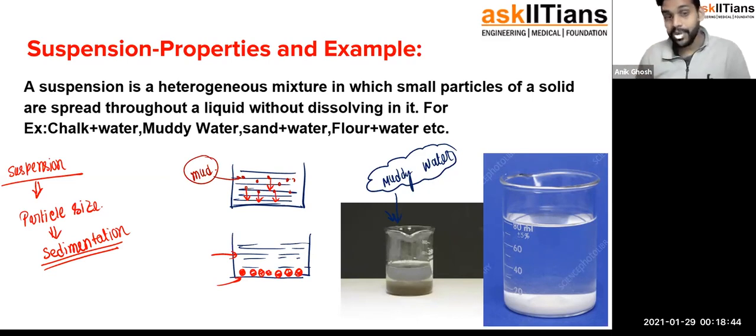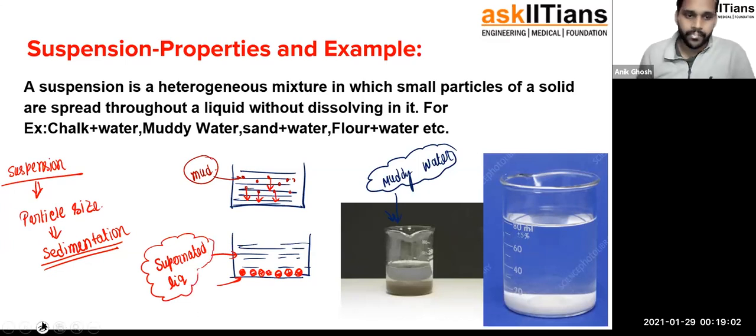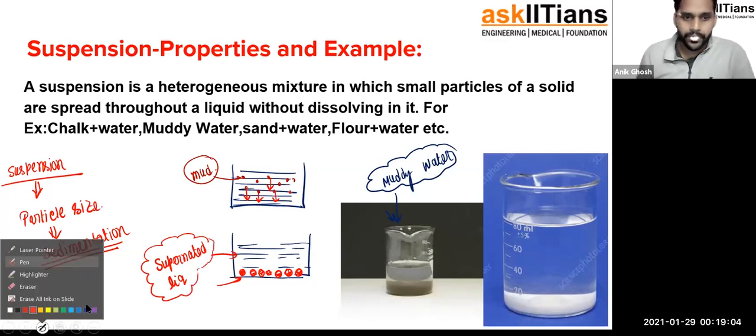And what is the name of this liquid which is clear at the top of the beaker? Supernatant liquid, isn't it? Did you get it? We call it supernatant liquid.